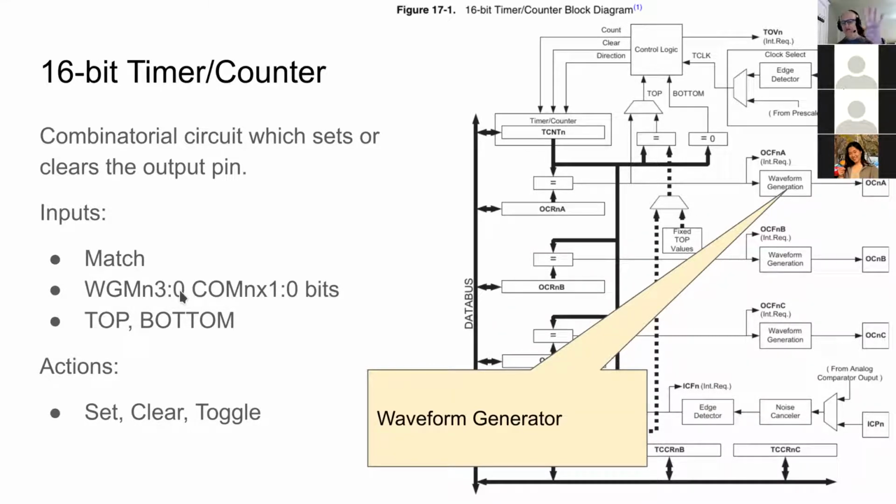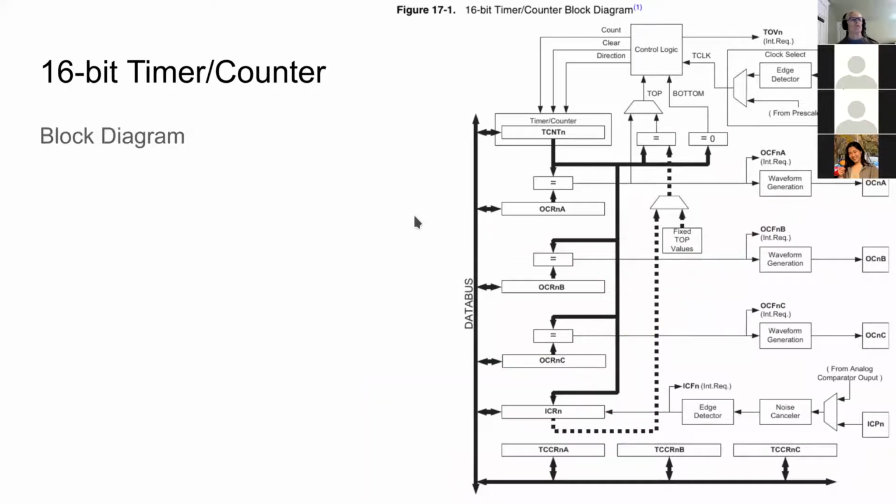There's 4 of those. And 0:1 means 0 and 1. There's just 2. And the value of top and bottom may affect the waveform generation as well. And the output can set this bit, it can clear this bit, or it can toggle the bit, which is to flip it from whatever it was. So that's the waveform generator.